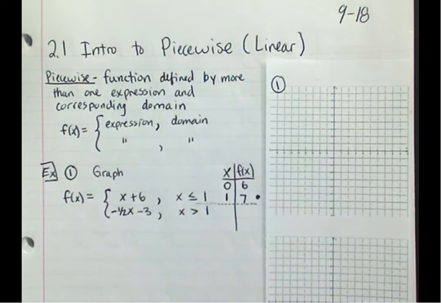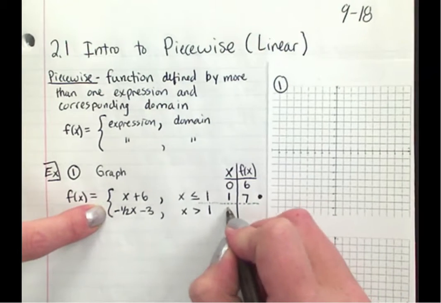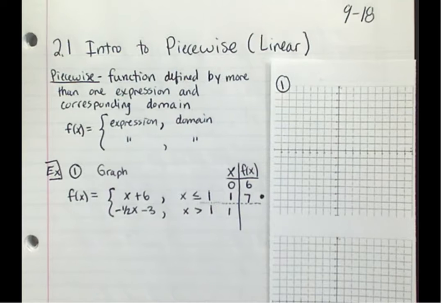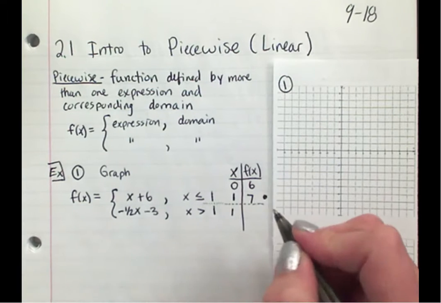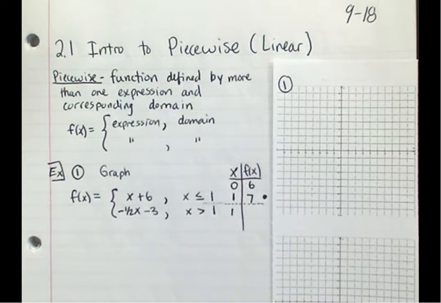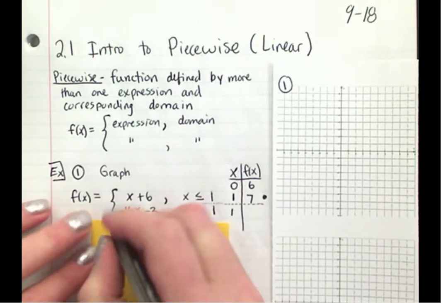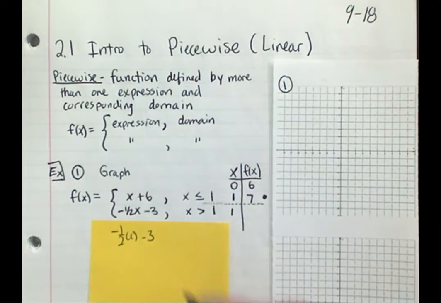Okay, moving down. Second row. The endpoint is x equals 1. Yes, 1 showed up twice. 1 shows up twice in your table here. Okay, plug in 1. Minus 1/2 times 1 minus 3.